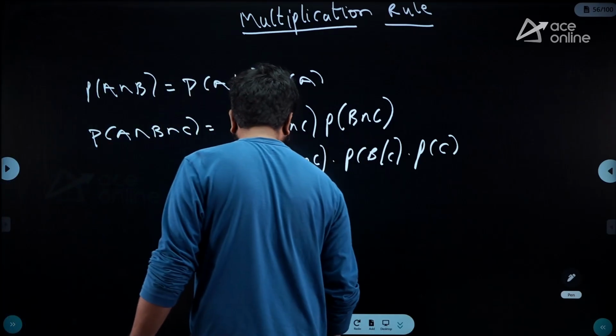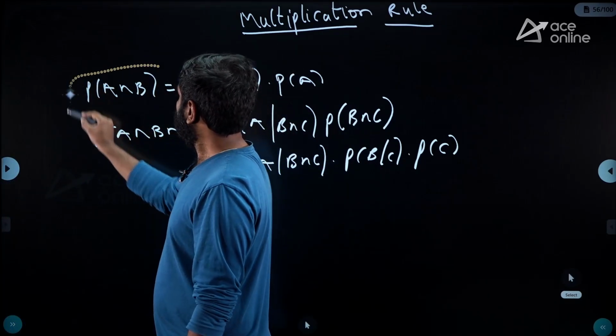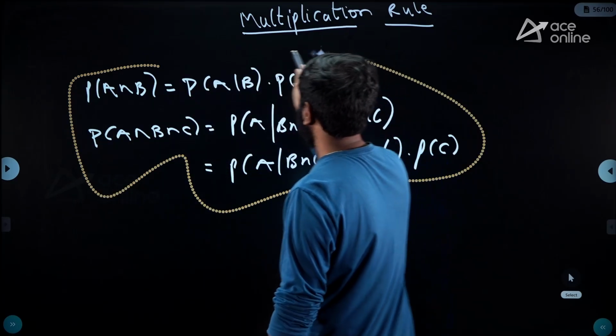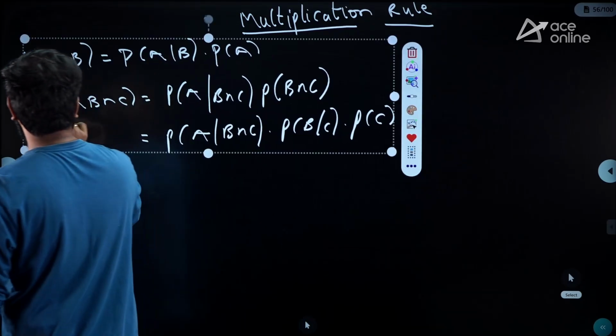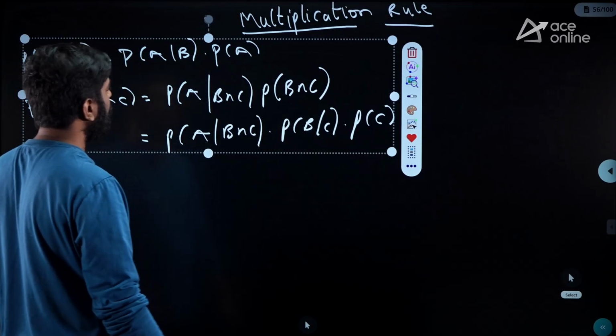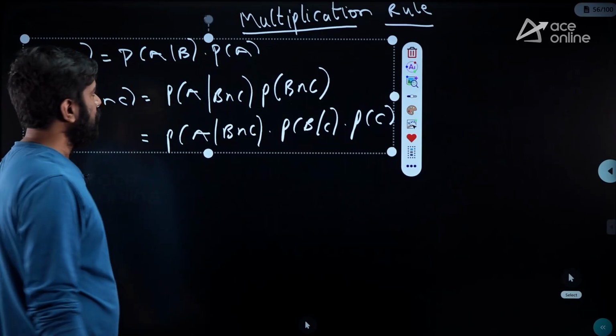This is called conditioning, students. So we write the intersection probabilities in terms of the conditional probabilities.